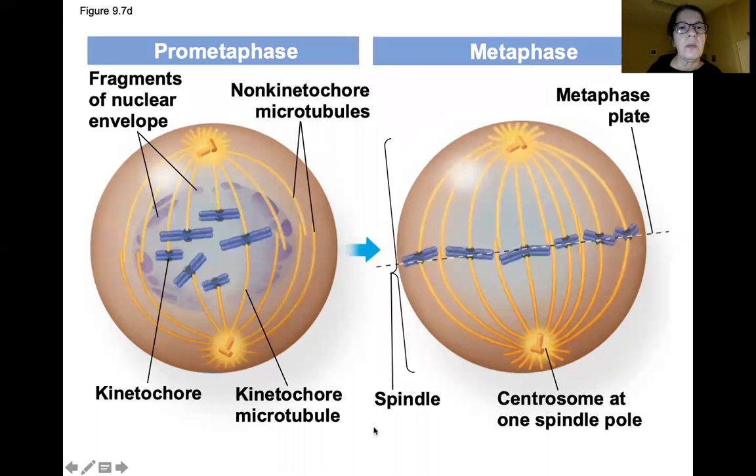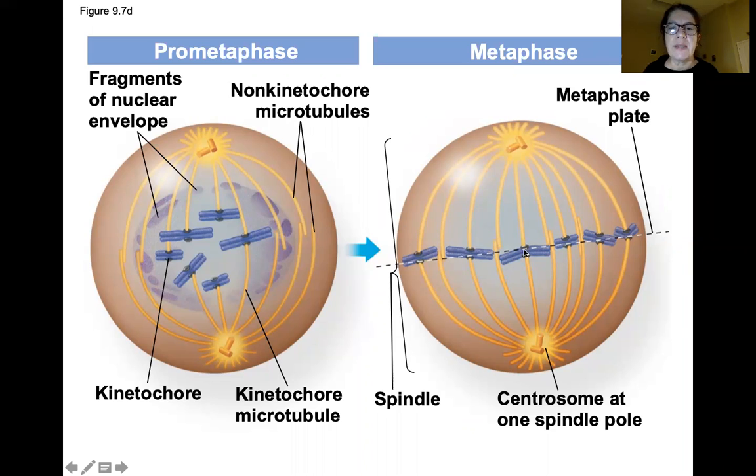In prometaphase, the spindles are beginning to attach to the kinetochore. The two duplicated chromosomes are called sister chromatids. They're attached at the center by a special structure called the kinetochore, and the spindles will attach to that structure.